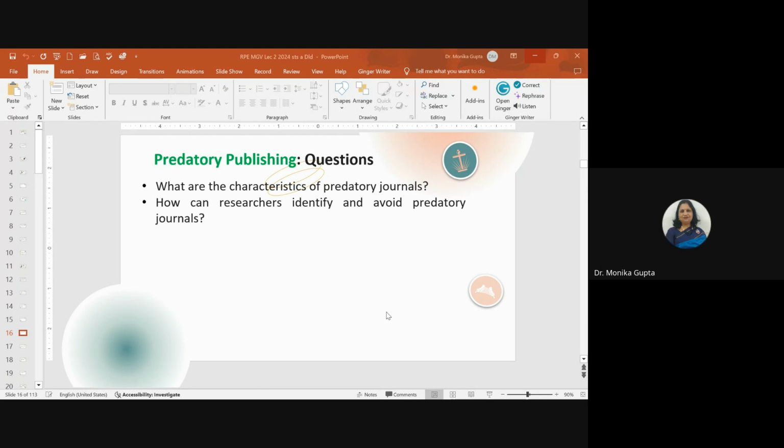So what researchers should do is check journal reputation, verify indexing in reputable databases like Scopus and Web of Science, as I just mentioned. Second, investigate the publisher. Research the publisher's credibility and track record.